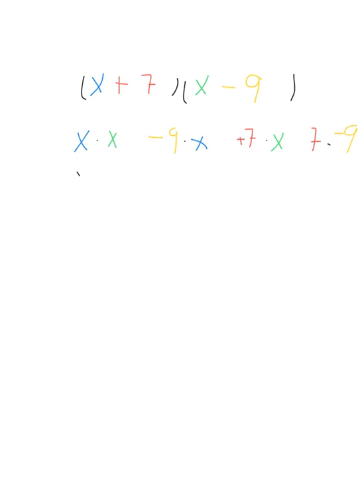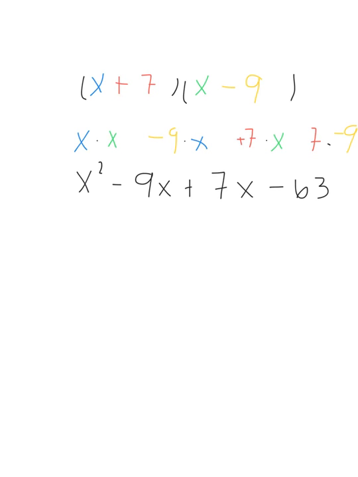And we would get x squared. Negative 9 times x is negative 9x. 7 times x is 7x. And 7 times negative 9 is negative 63.